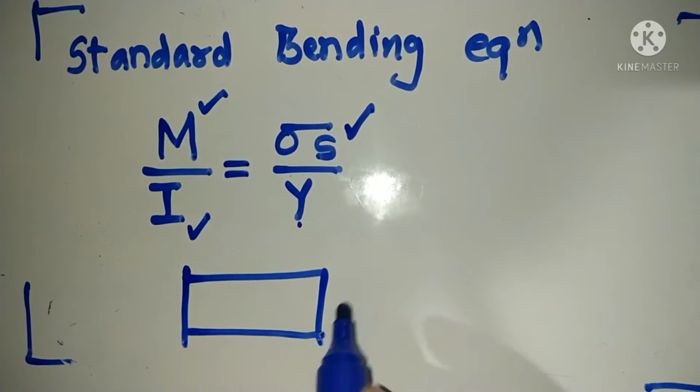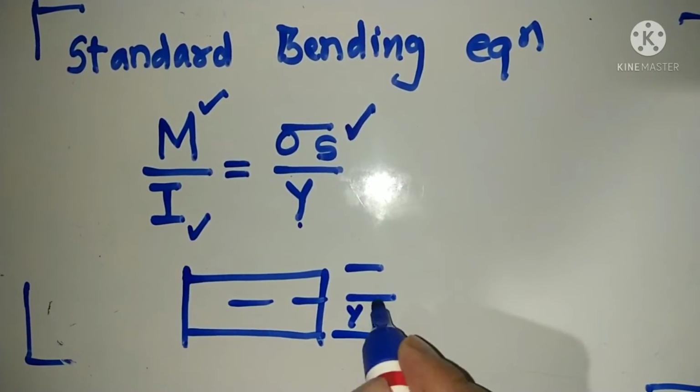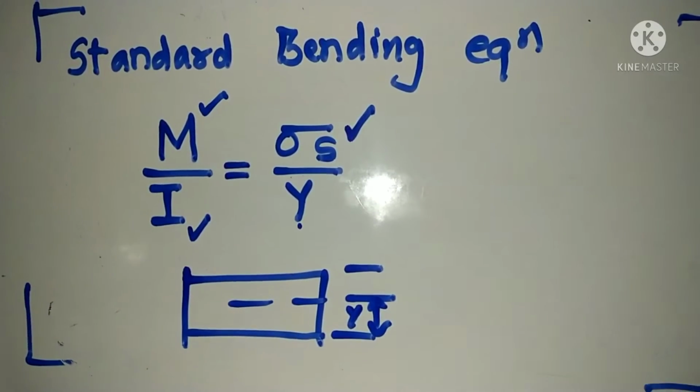I will show in the diagram. Y is the half distance, the distance up to the central axis or centroid.